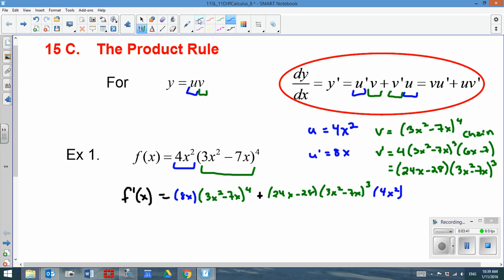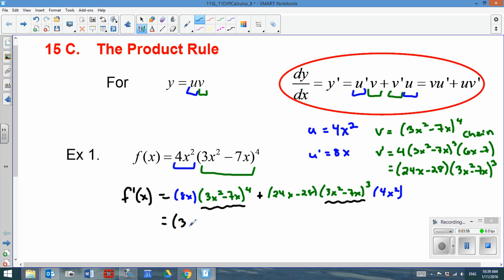If I can clean this up at all, what I might do is notice that I have common factors. So 3x squared minus 7x and 3x squared minus 7x. I could wind up taking out 3x squared minus 7x to the third power.